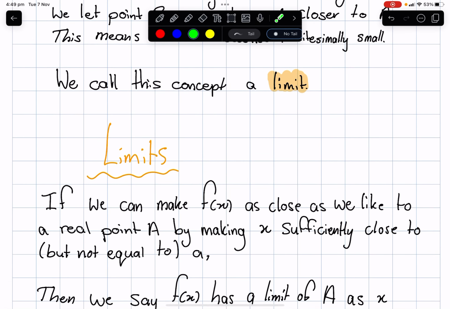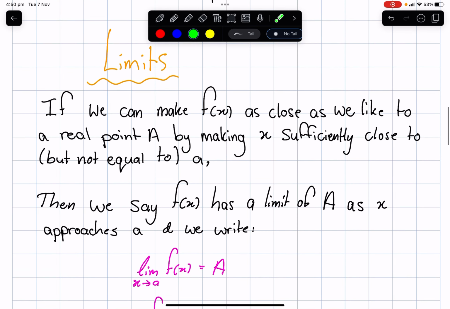So if we can make f of x, our function, as close as we like to a real point A by making x sufficiently close to little a. So x is any value of x, and a is my specific value. So then we can say f of x has a limit of big A, my y value, as x approaches a.